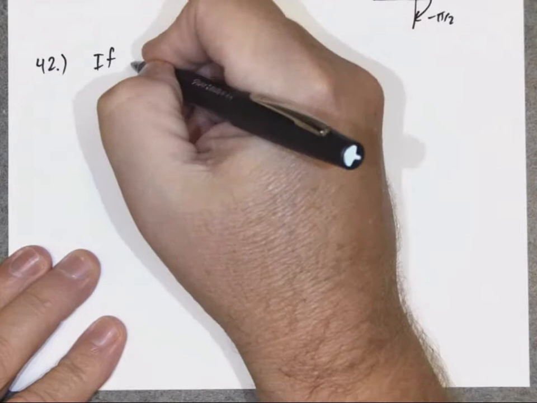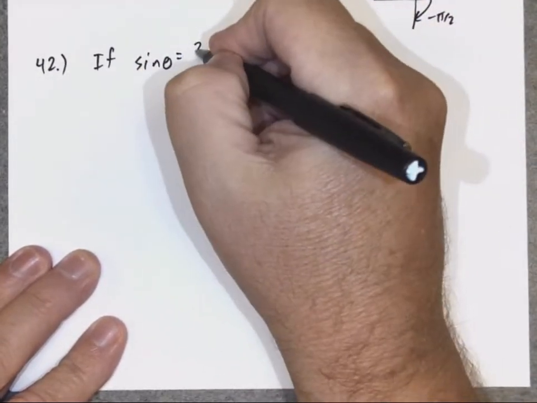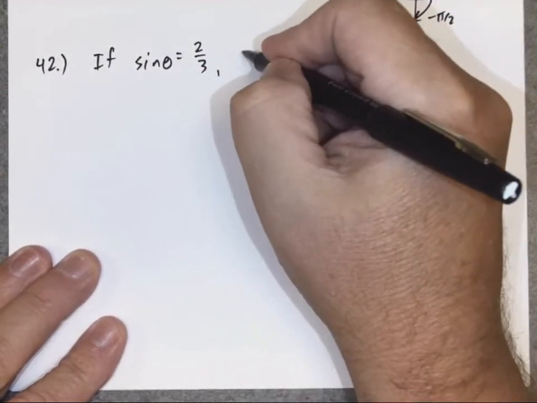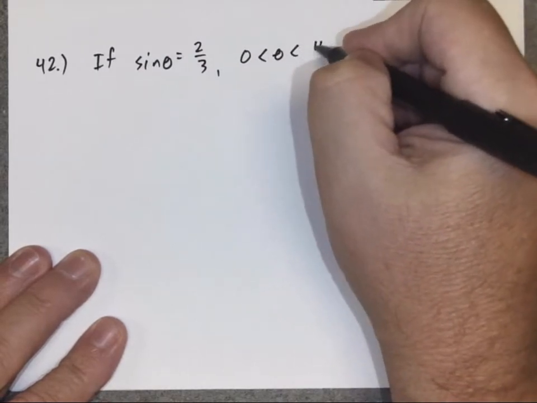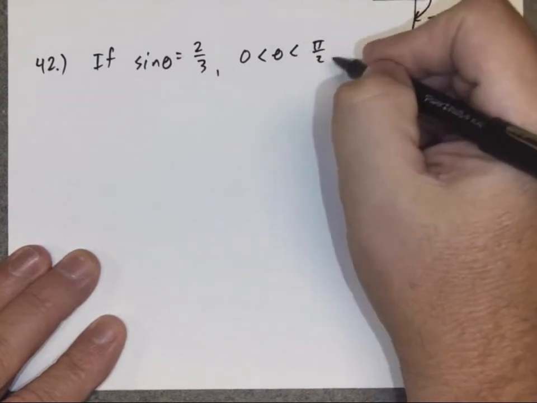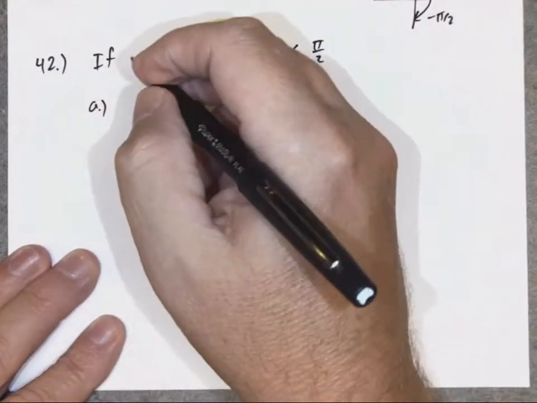If sine of theta equals 2/3, and they say theta is between 0 and pi over 2, then they say find the exact value of the following. 4 parts.